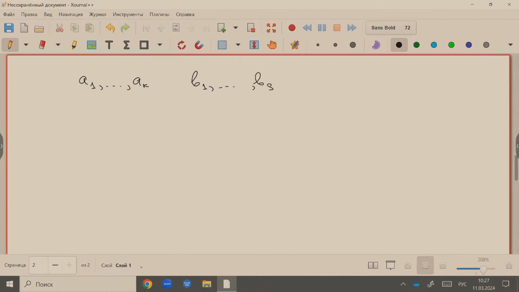Yes, and you start. So now we have to search for the element that can be used to change one element of this set. So suppose, take a subset A2, ..., AK.